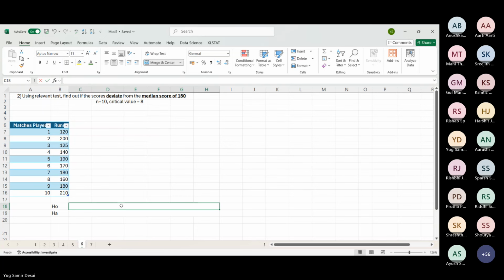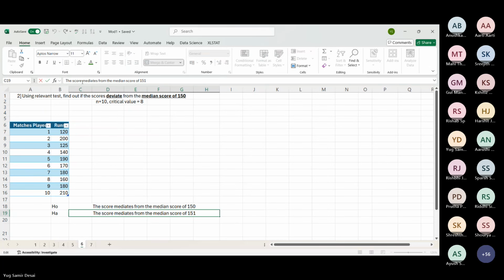So the scores deviate from the median of 150, and the opposite of it would be our alternate hypothesis.